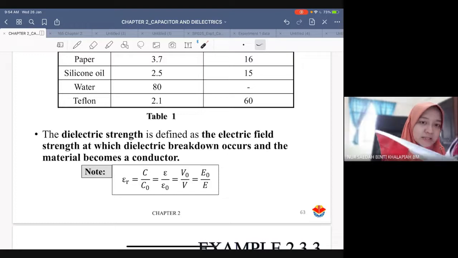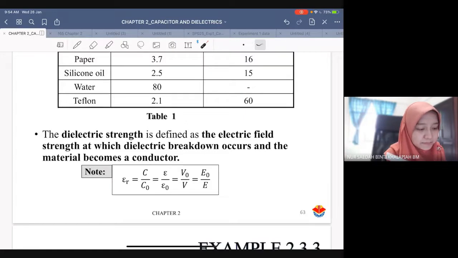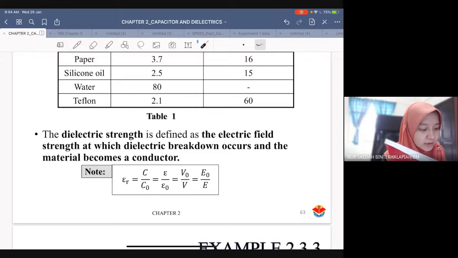Muka surat 12. Okay, chapter 2, capacitor, formula nombor berapa sampai nombor berapa? 10 sehingga 19. Tu chapter 2 dekat situ.